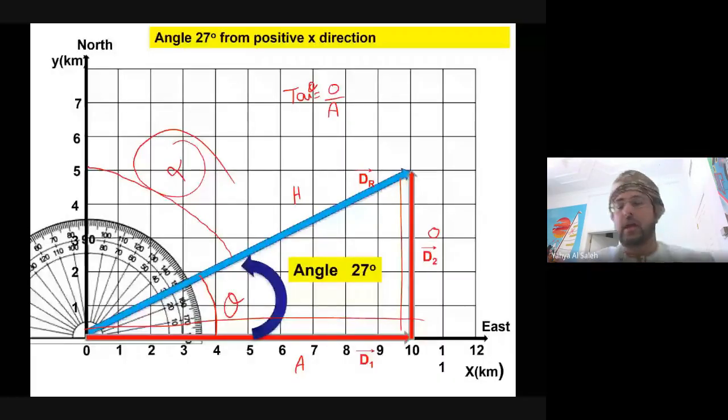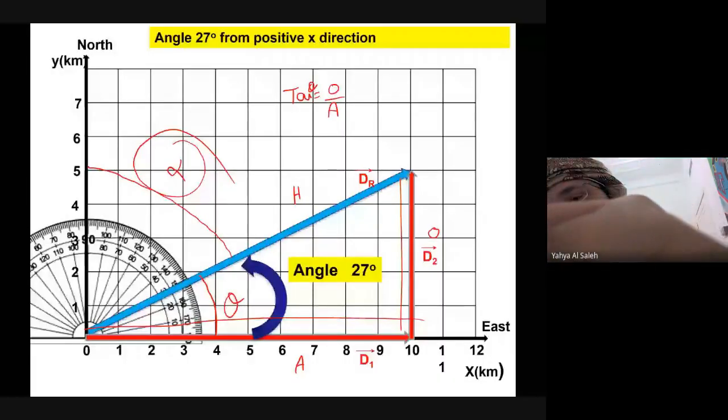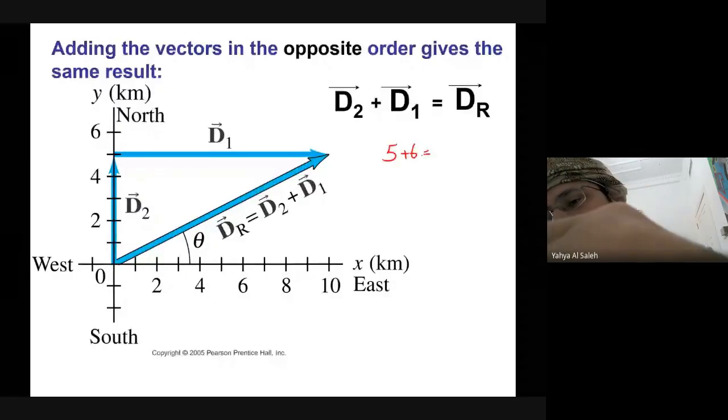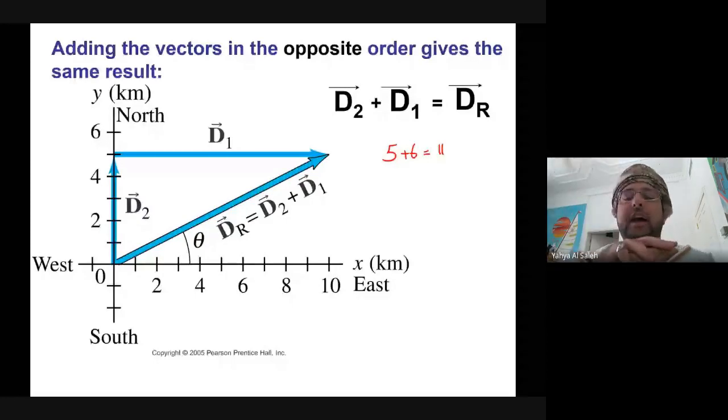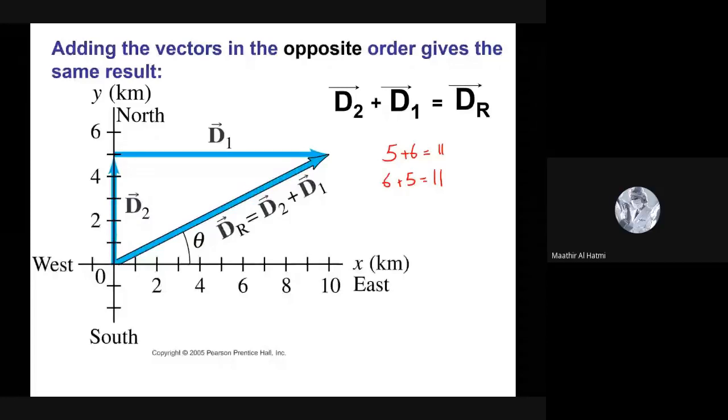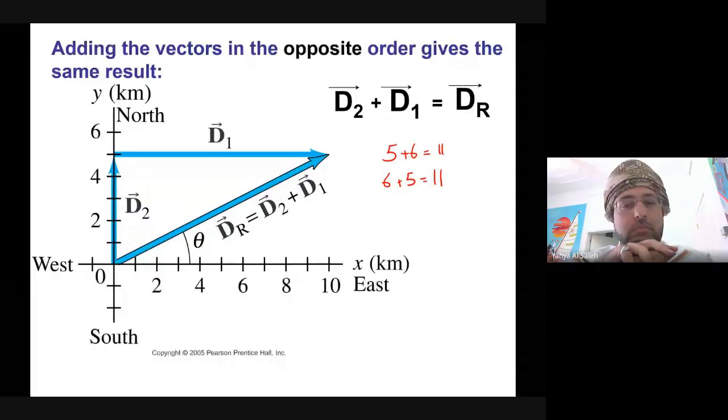With numbers, we do something that we never think about. We say 5 plus 6 equals 11, and 6 plus 5 also equals 11, right? There's something that we do here that we never think about, that the order doesn't matter.